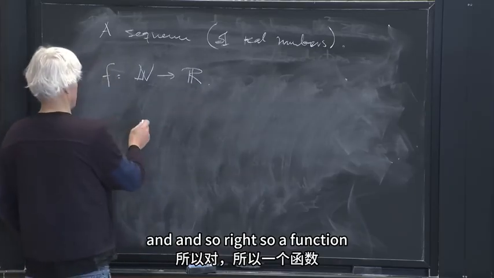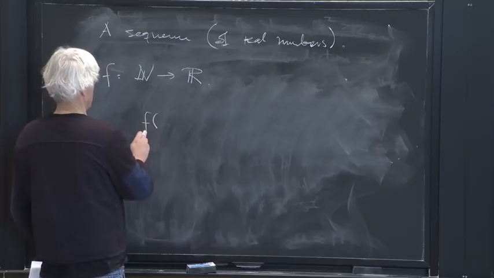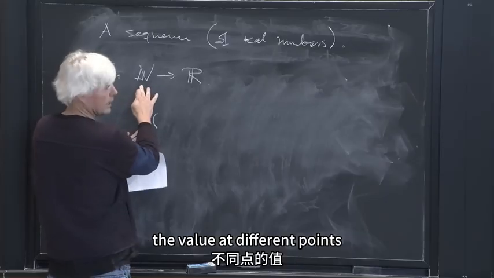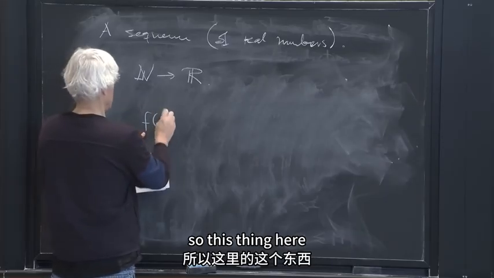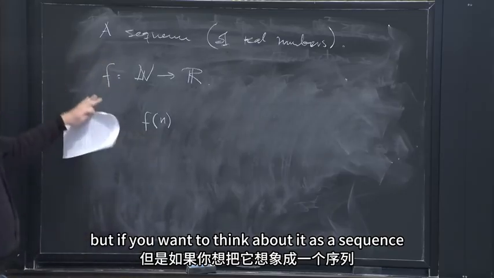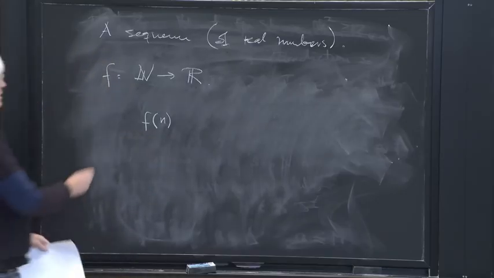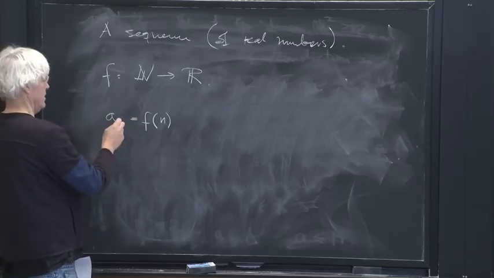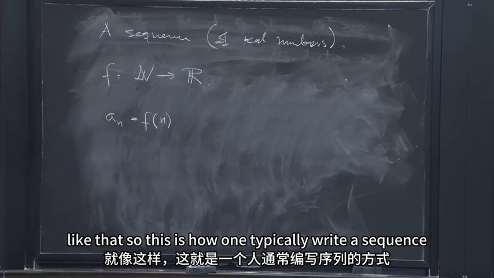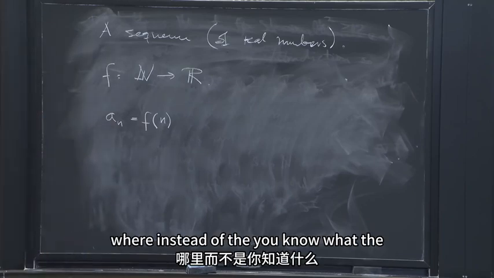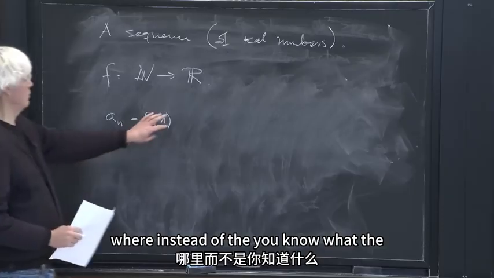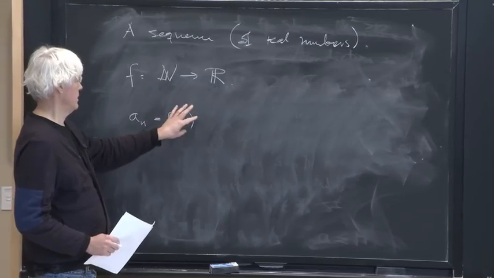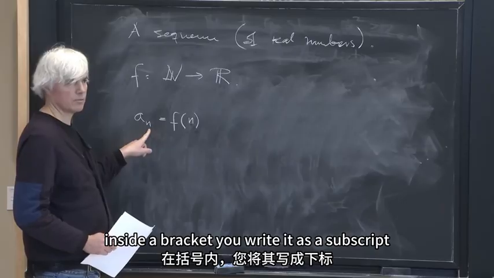A function is defined by its values at different points, but if you want to think about it as a sequence, then it's common to write the argument not inside brackets but as a subscript.